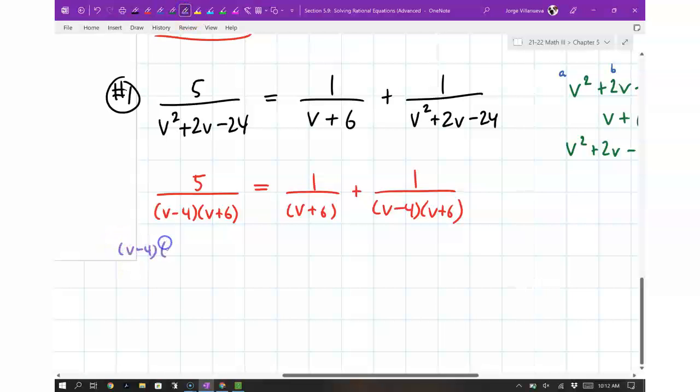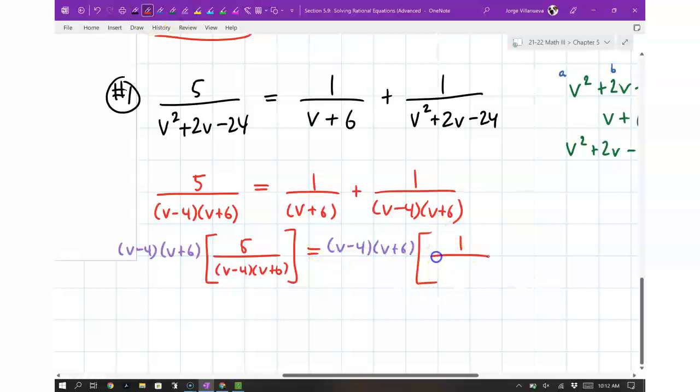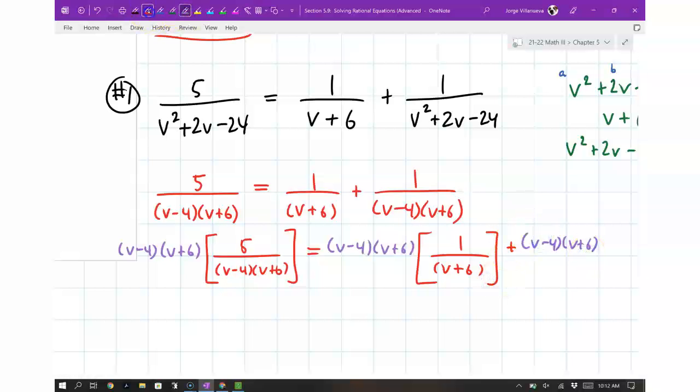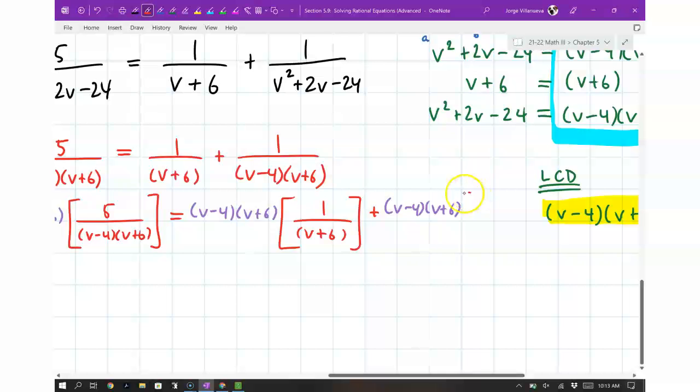V minus 4, v plus 6 times 5 over v minus 4, v plus 6 equals v minus 4, v plus 6 times 1 over v plus 6 plus, last one, v minus 4, v plus 6 times, running out of room there, 1 over v minus 4, v plus 6.